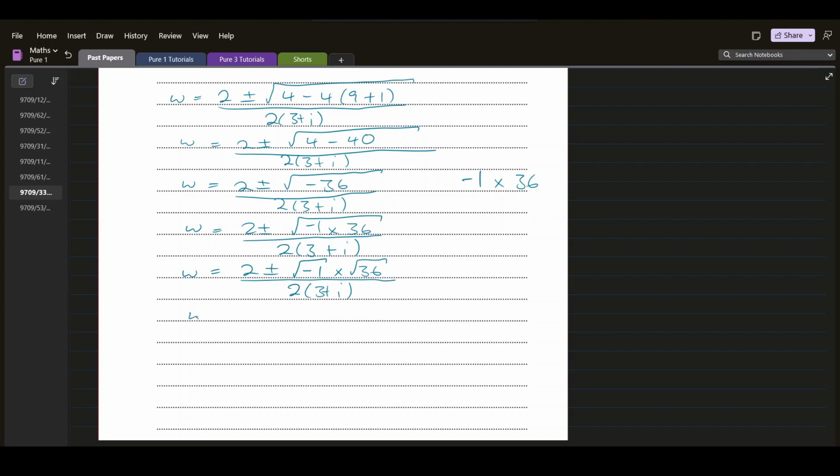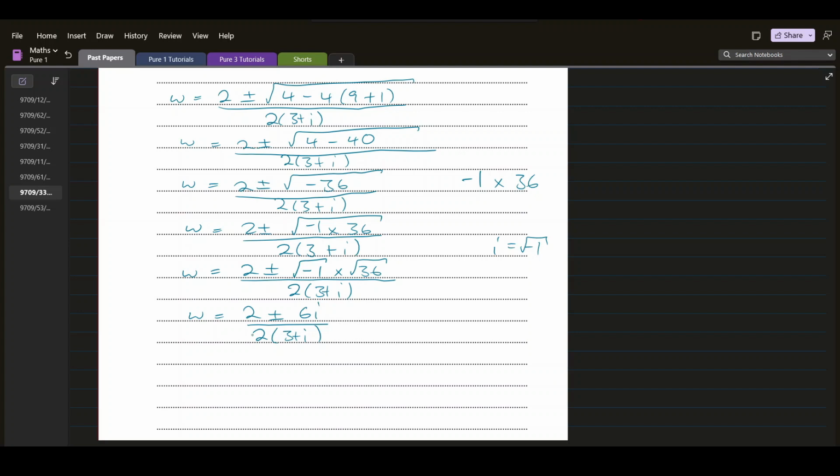And so w is equal to 2 plus or minus root negative 1. We know that i is equal to root negative 1, and then root 36 is equal to 6. So this becomes 2 plus or minus 6i, all over 2 times 3 plus i.